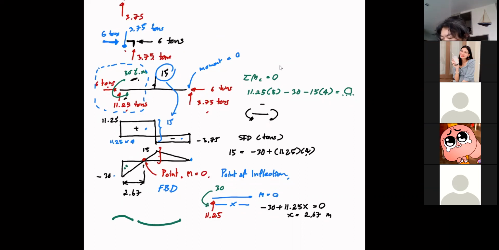And look at this point. This is the point where the curvature changes from negative curvature to positive or vice versa. So that's another important aspect of the point of inflection. It's where your curvature changes.